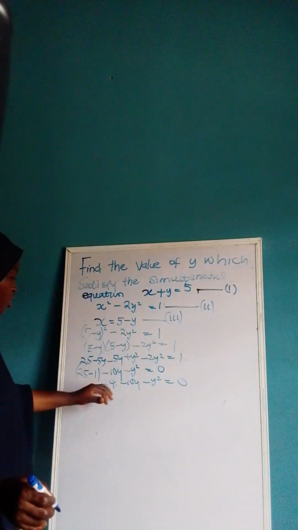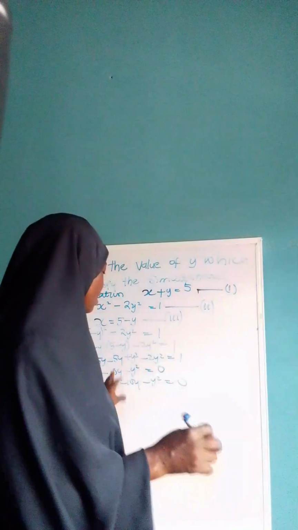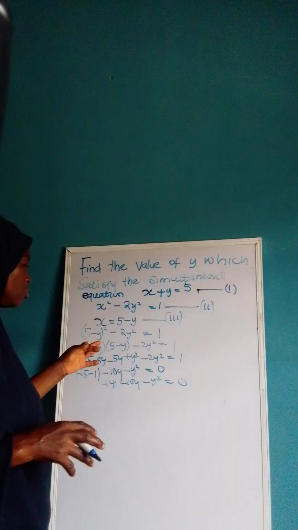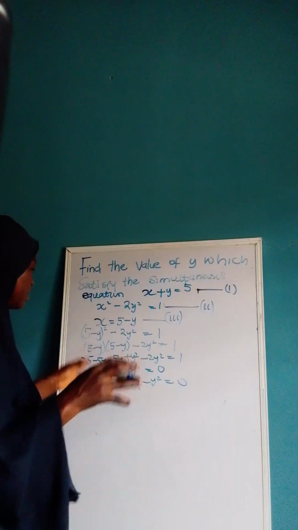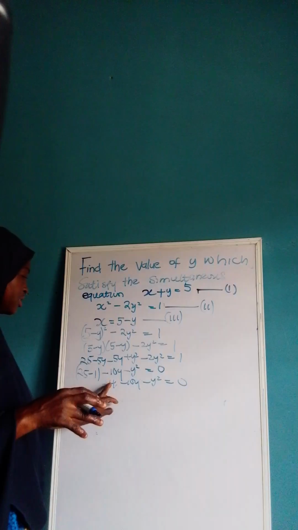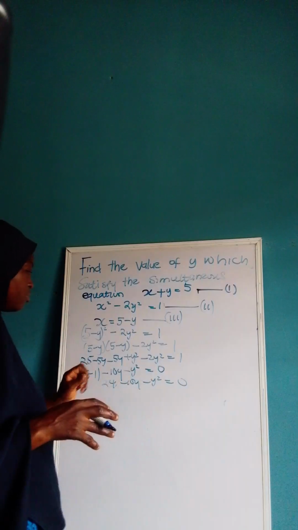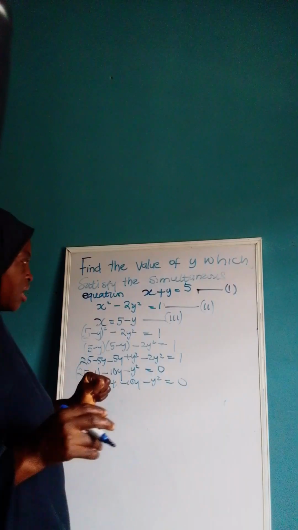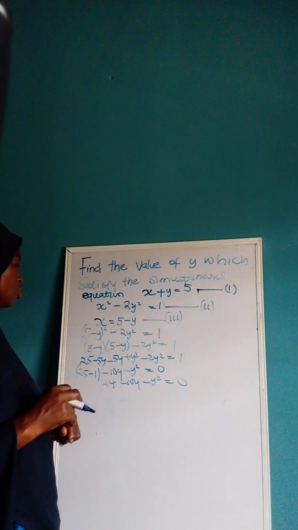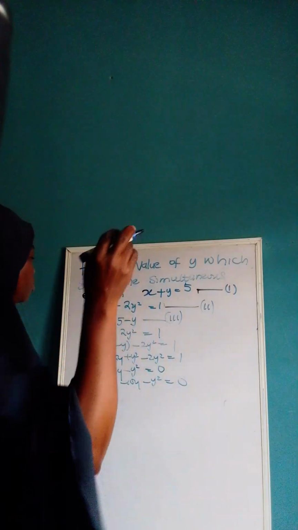So we are going to look for two numbers that if you add them together, they give you minus 10y, but if you multiply them, they give you the product of this constant, which is 24, and the coefficient of minus y squared. So minus y times 24 is minus 24. So we are looking for those numbers.